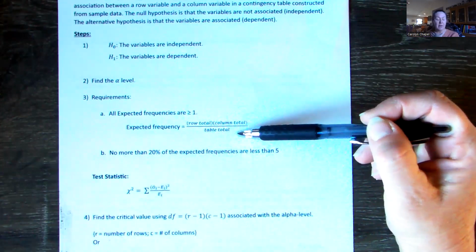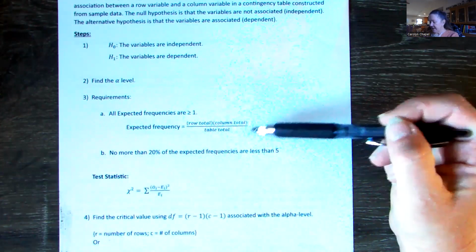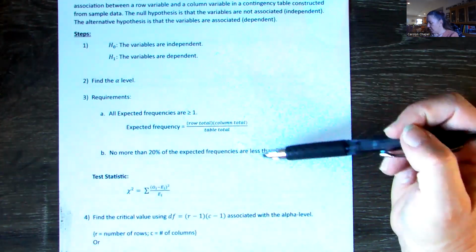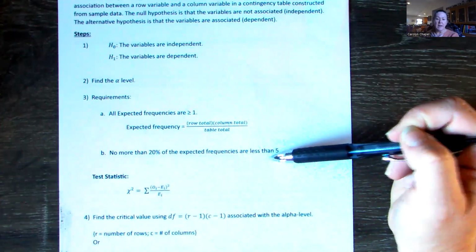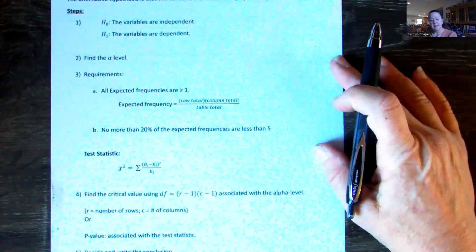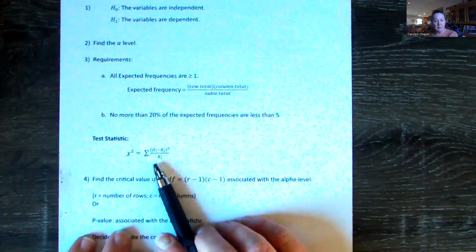I use StatCrunch on these because the calculations to do by hand are very tedious. We also want to make sure that no more than 20% of our expected values or frequencies are less than 5. Our test statistic is the same as we've seen before.